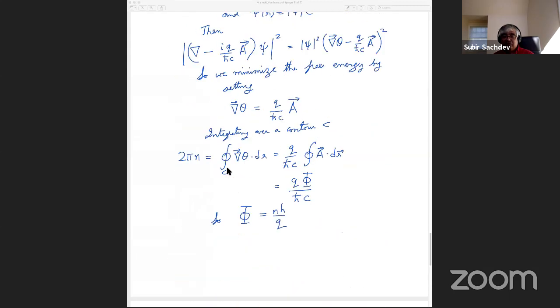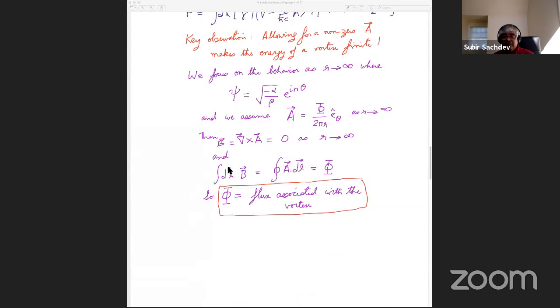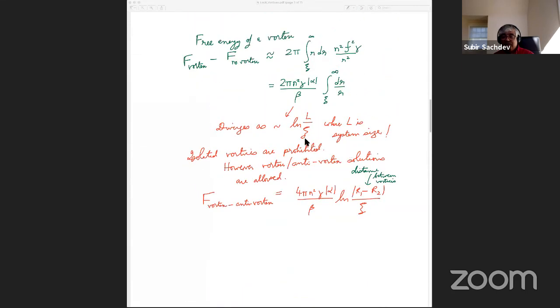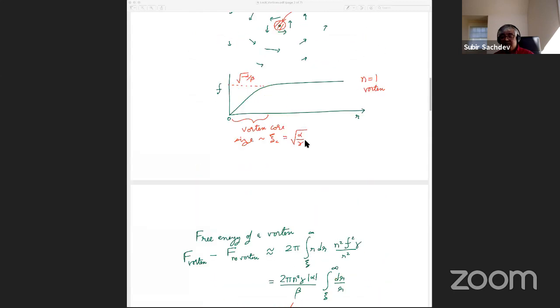Oh, sorry, I didn't mention what psi sub c was. Here it is, square root of alpha over gamma. That's the size of the core. So it becomes bigger and bigger as alpha goes to 0 near the critical point. But the better the superconductor, the smaller the core.